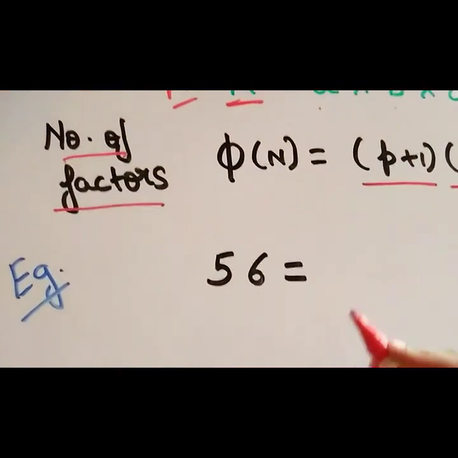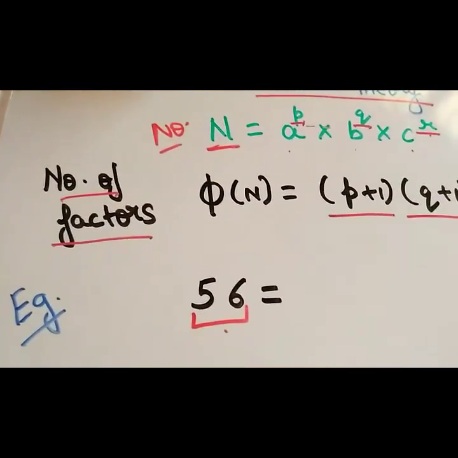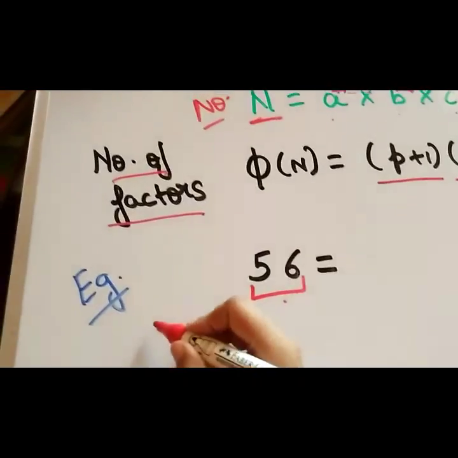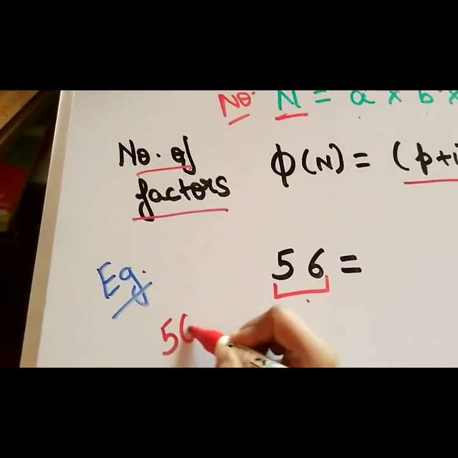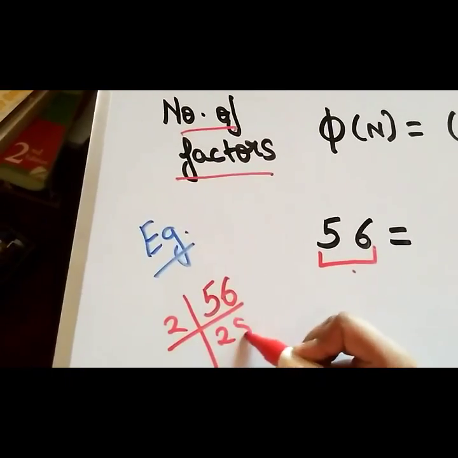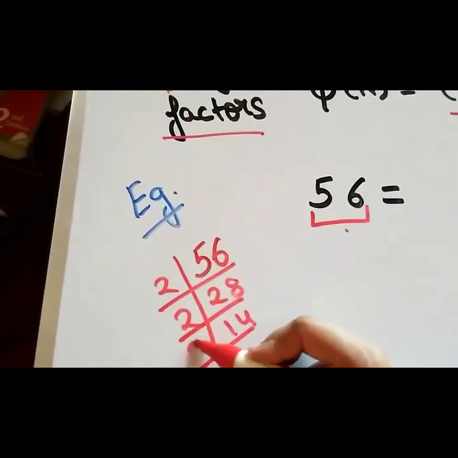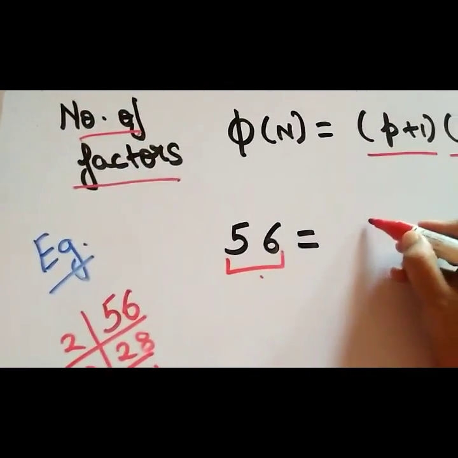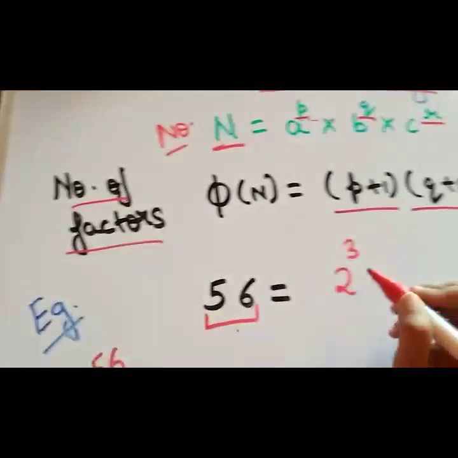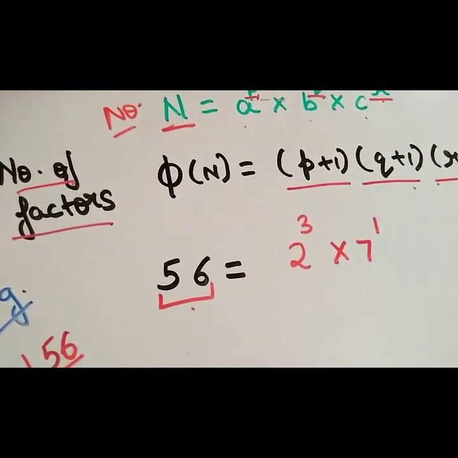For example, let's take 56. 56 can be written as 2 to the 4, 2 8s are 16, 2 1s are 2, 2 4s are 8, 2 7s are 14. It means 2 raised to the power 3 into 7 raised to the power 1.